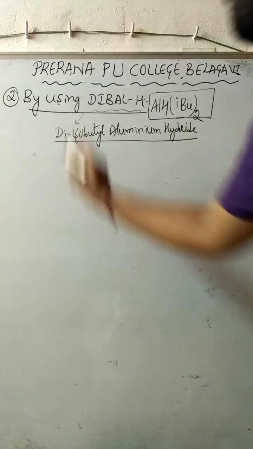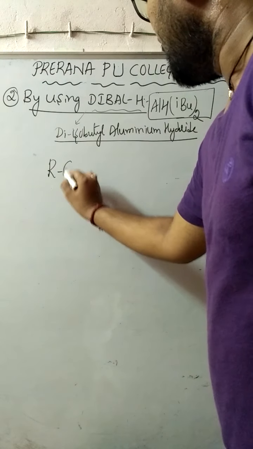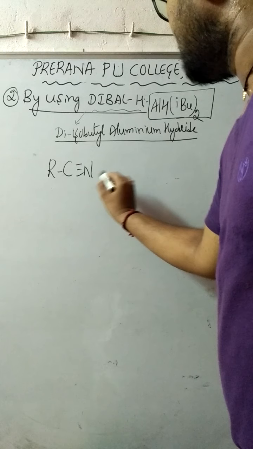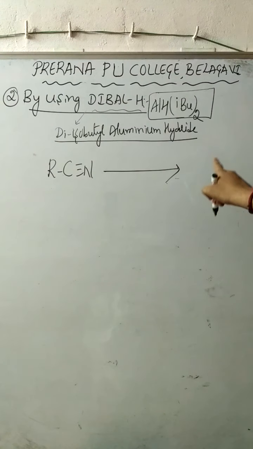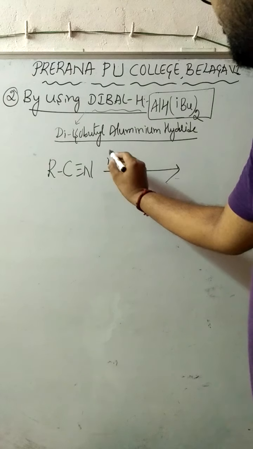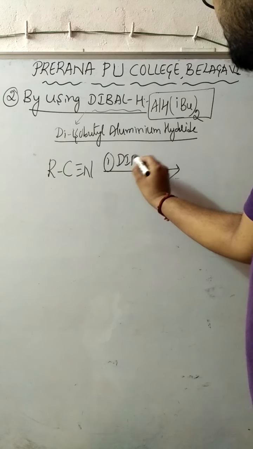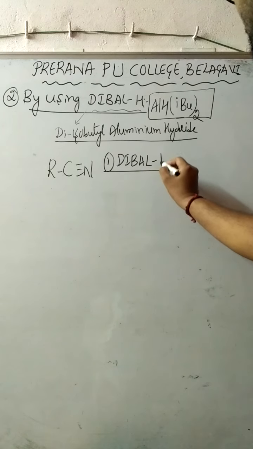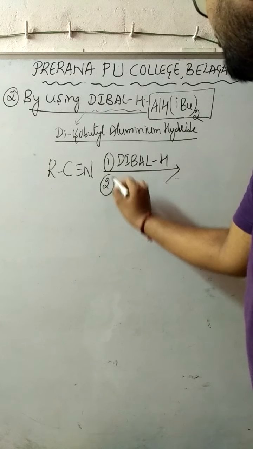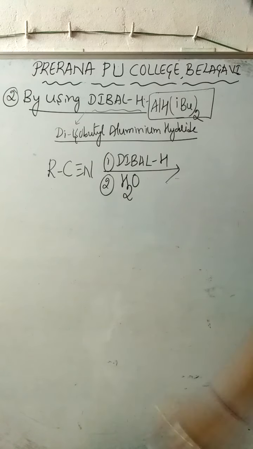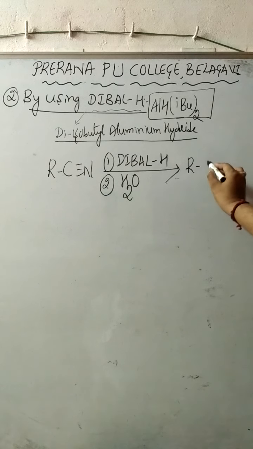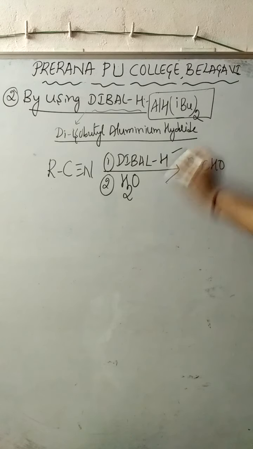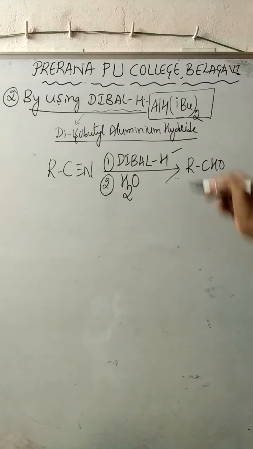In the same way, DIBAL-H helps in the direct conversion of nitrile to an aldehyde, so that I can directly react it with di-isobutyl aluminium hydride followed by hydrolysis. This means simultaneous conversion of nitrile to aldehyde takes place when DIBAL-H is utilized as the reagent.